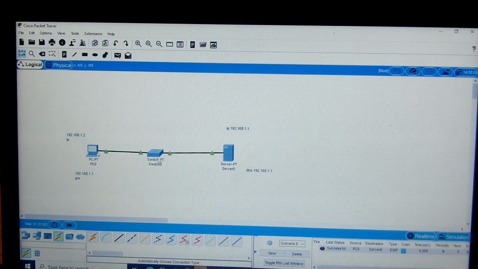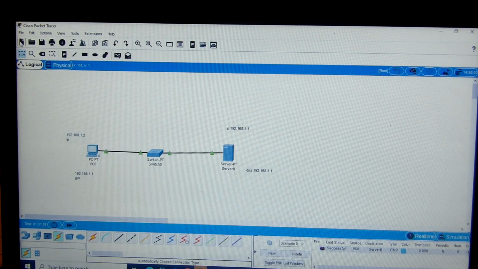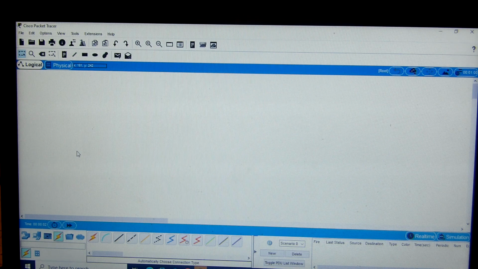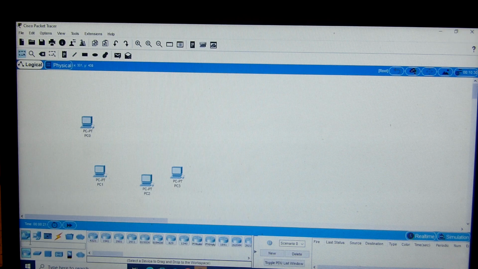If we clear this one, new, if we have a hub, okay, there are a few pieces here, and there is a hub.